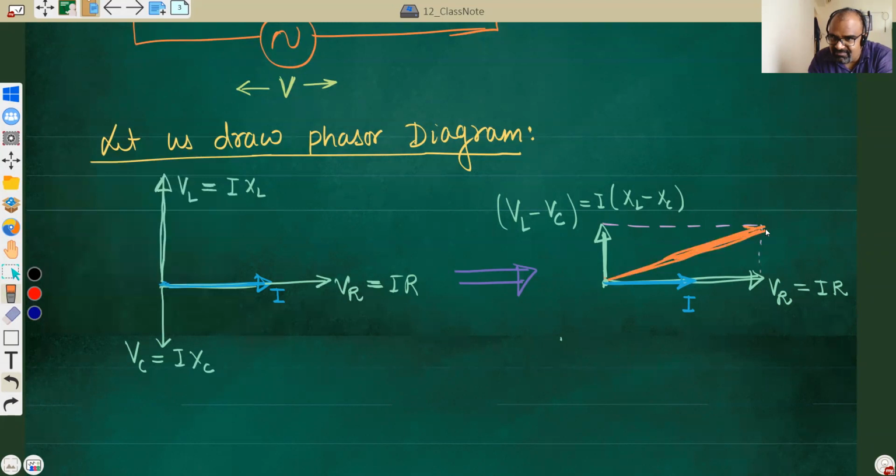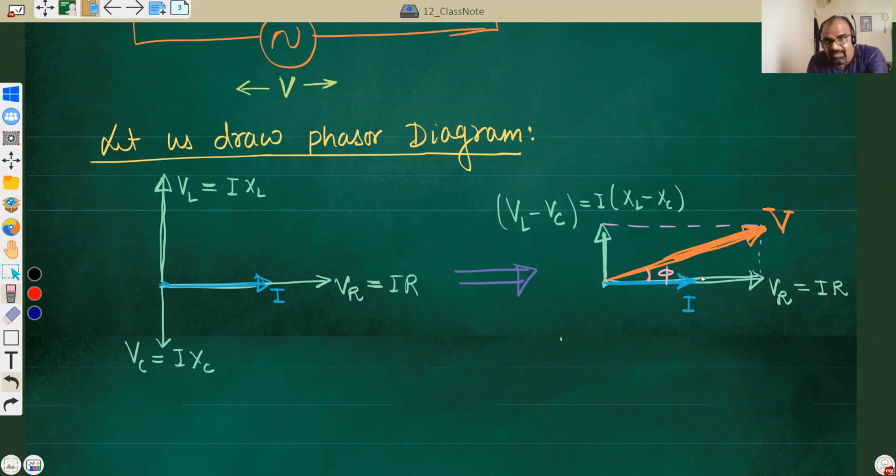Will this resultant phasor be the source voltage? Yes, this will be the source voltage. And this angle is, let's say, angle phi. Now, one thing I'd like to show you. See, in this diagram, is it that voltage will always lead the current?